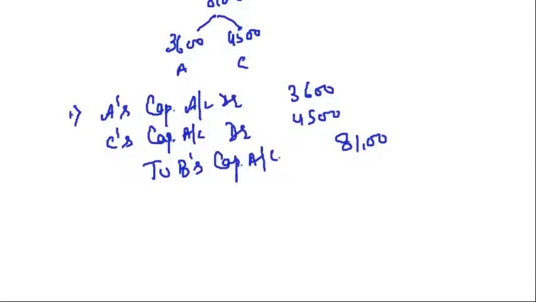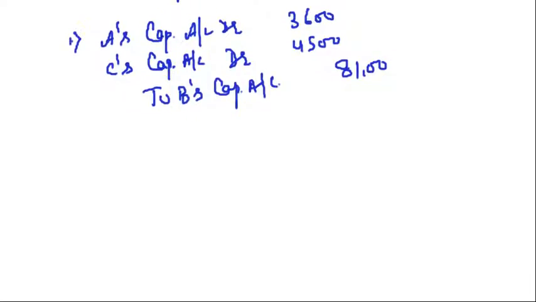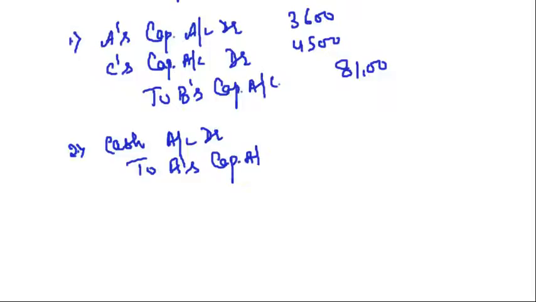Now, for this payment, A and C will bring cash into the business. If the cash is being brought into the business, we will say cash account debit, and we will credit the partners' capital accounts, A's capital account and C's capital account. How much cash? 8100.